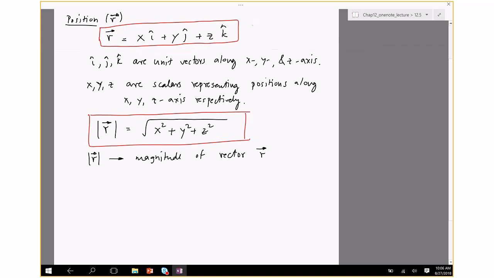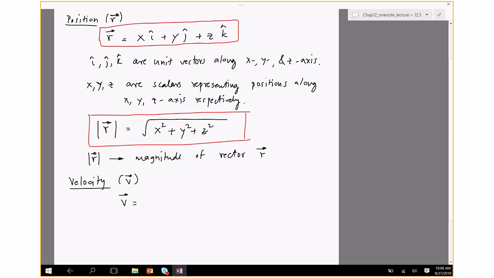So similar to position, we can find the velocity, which we will denote by v. So v is the rate of change of position. So take the x component, the y component, z component, and differentiate with respect to time.